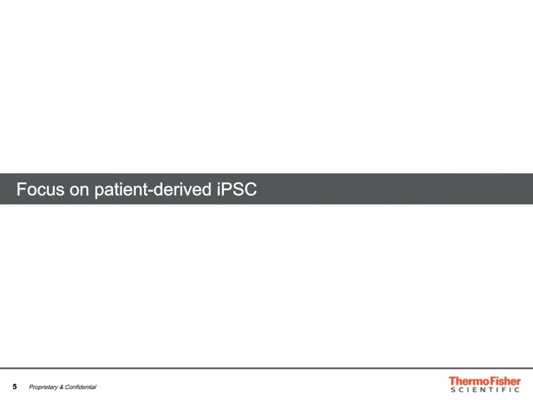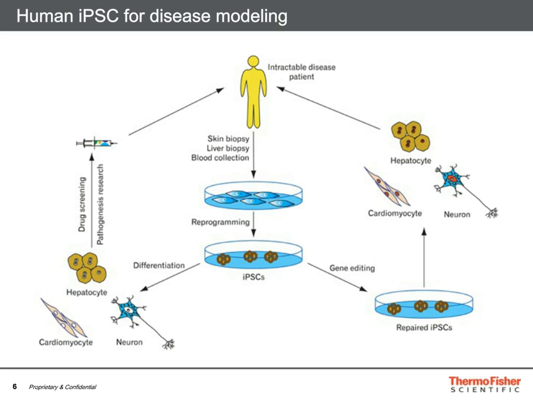So basically, this is just a slide to reiterate the amount of progress that's been made since Yamanaka described his reprogramming factors. Basically, it's become, I think, pretty commonplace to take a skin biopsy or a blood sample and then reprogram those cells into iPSCs.